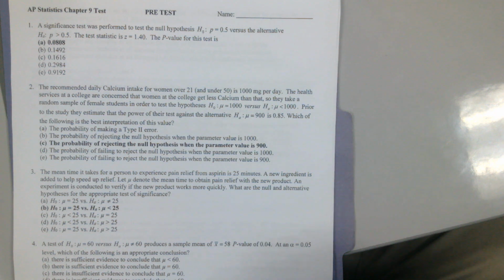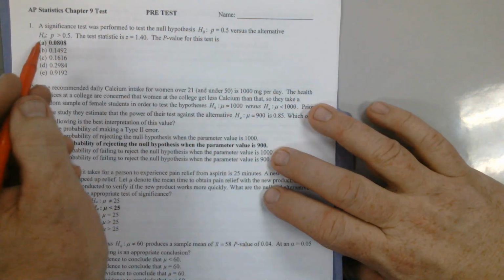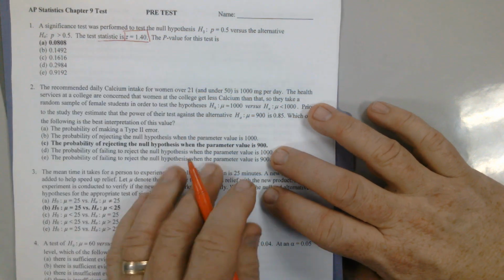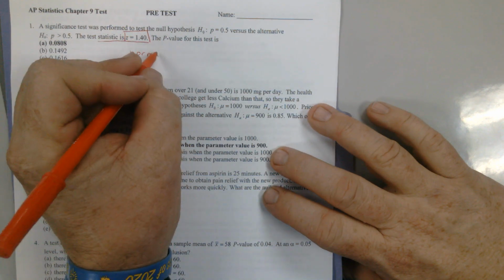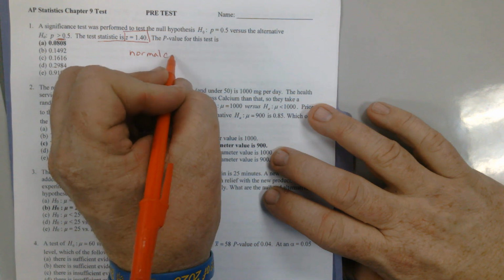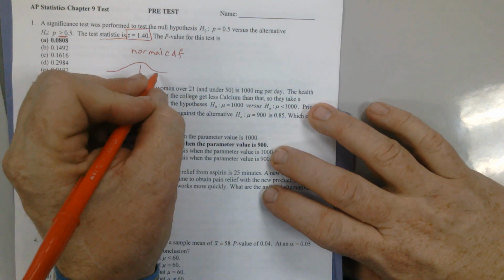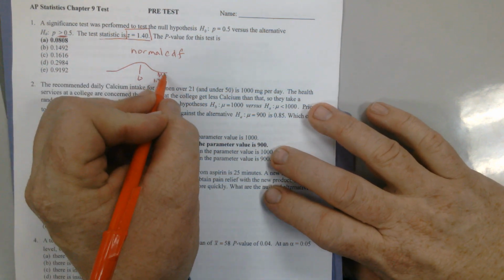So this first one gives you some extra information, and it just gives you a test statistic with a z-score. So you could put that in the normal CDF. It's right-hand tailed, so it's normal CDF, right? And if we draw it out, we get 0, we get 1.4 over here, and then we want to find this area.